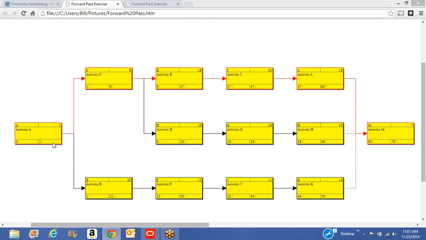Well, technically that's correct. When you're using a calendar, the calendar most likely would say that this is a different day, that if activity A ended on Monday, activities B and C would start on Tuesday. But that's not always true. And for the forward and backwards pass calculations, you'll see why we don't want to do it that way.